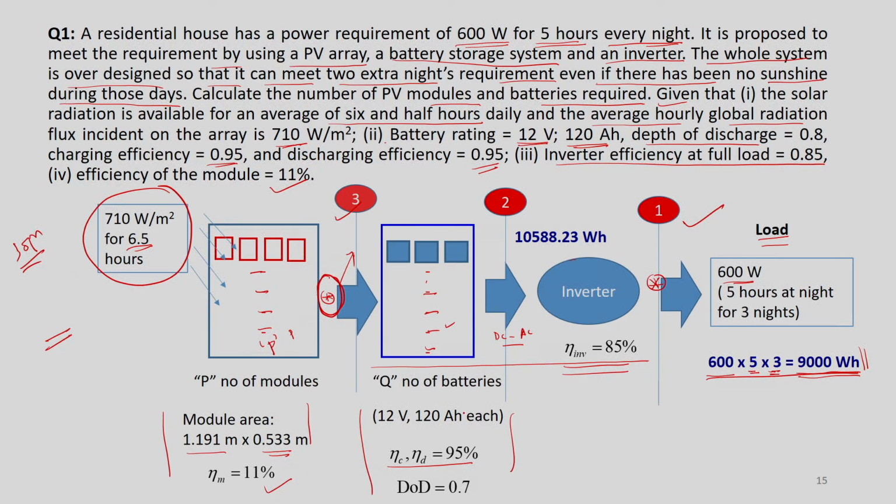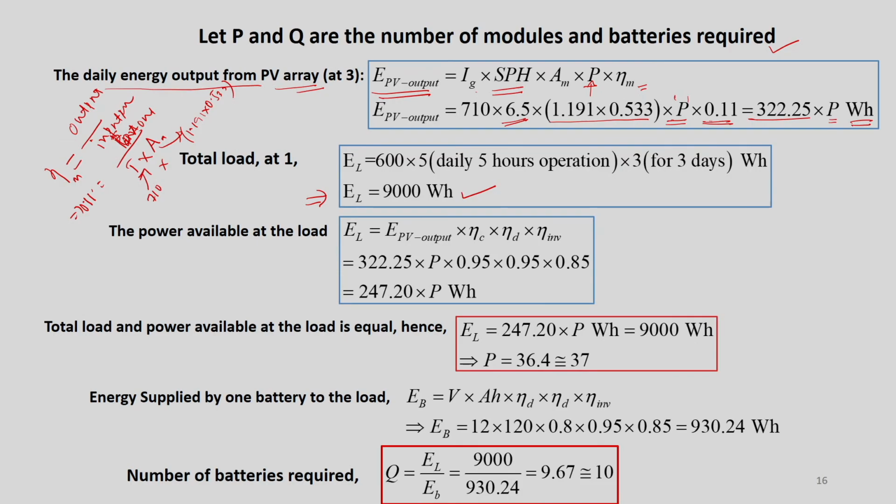So, if we use those efficiencies and calculate the power available at the load, this is nothing but eta C is charging efficiency, eta D is discharging efficiency, multiplied by inverter efficiency. So, if we multiply all, then what we will have is 247.20 into P watt hour, okay. That much of energy is available, okay.